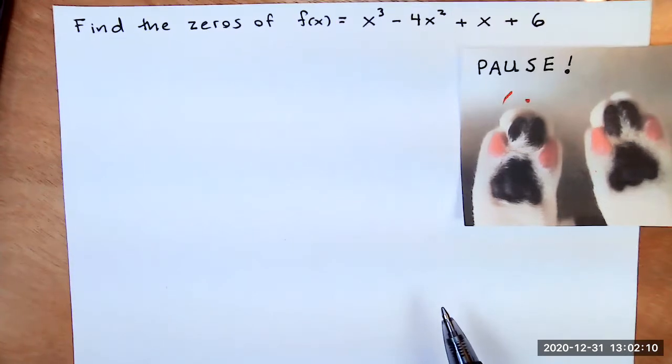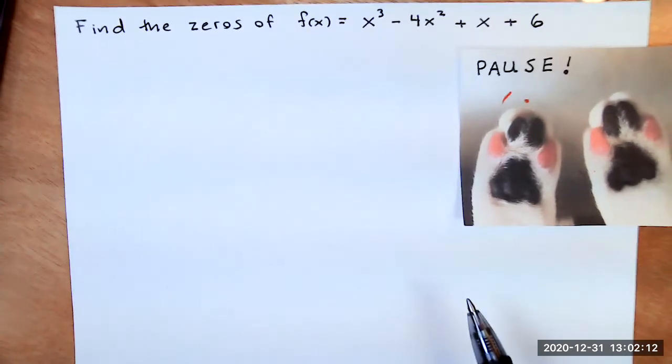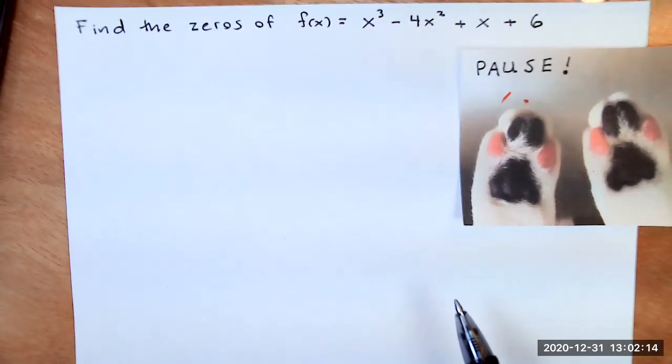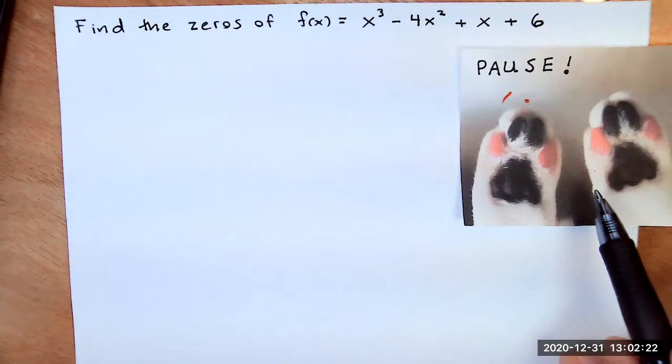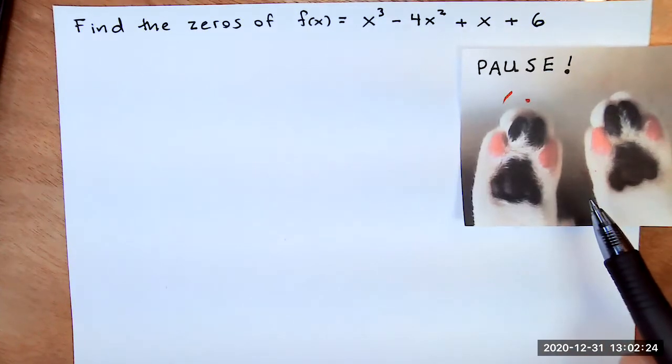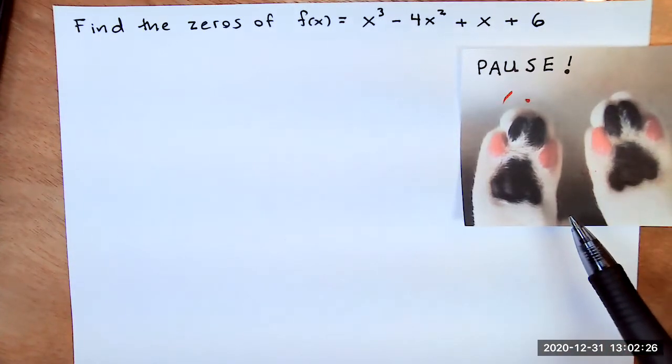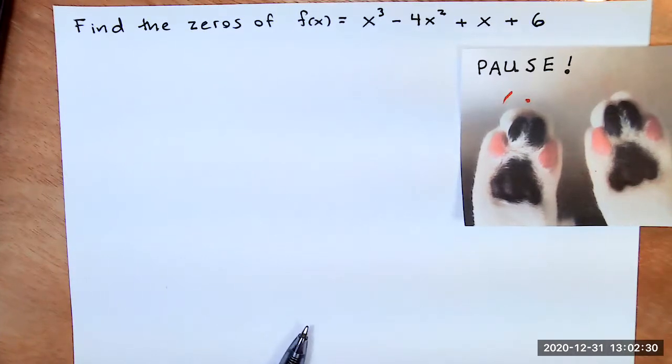All right, let's try this problem. Find the zeros of x cubed minus 4x squared plus x plus 6. And if I were you, I would hit pause and try this one on your own. And first, write your possible rational zeros.